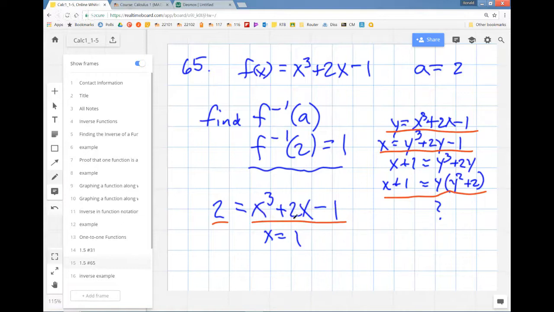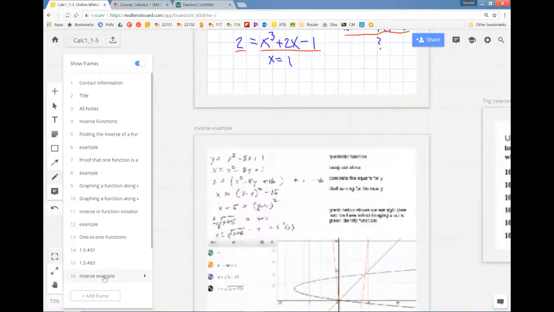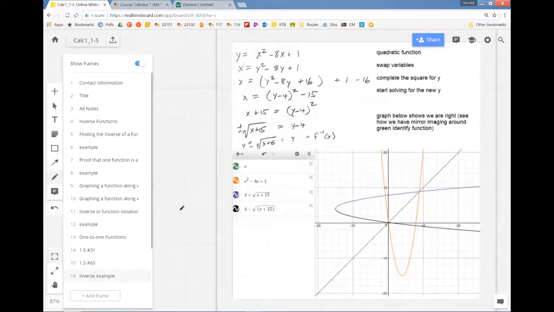So with a cubic, you can't always solve for y, and so you have no choice but to try it until you get it. Okay, let's look at this one.